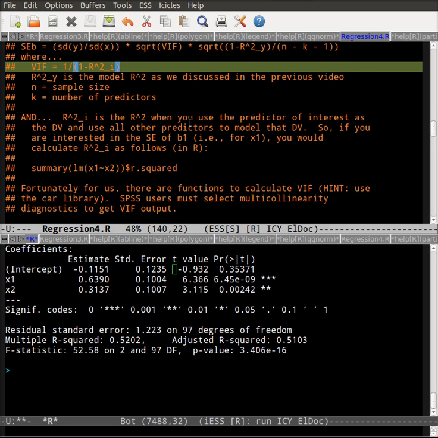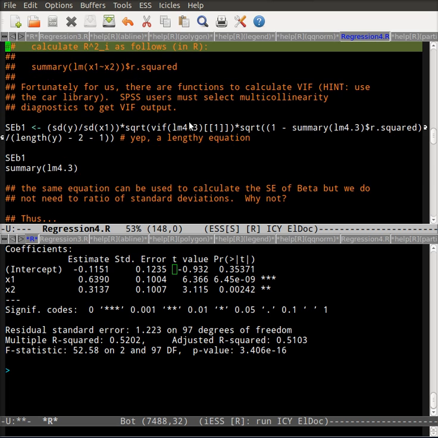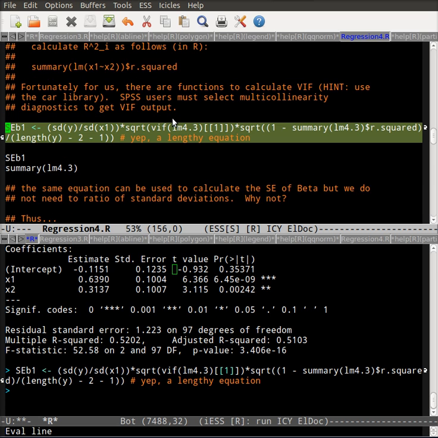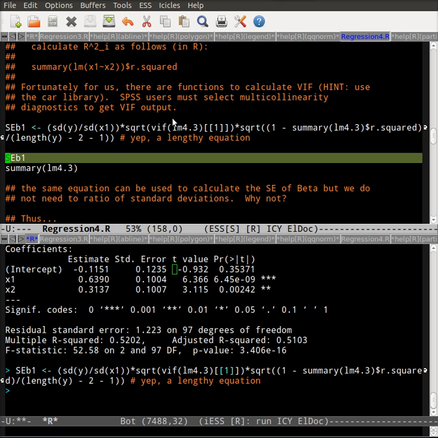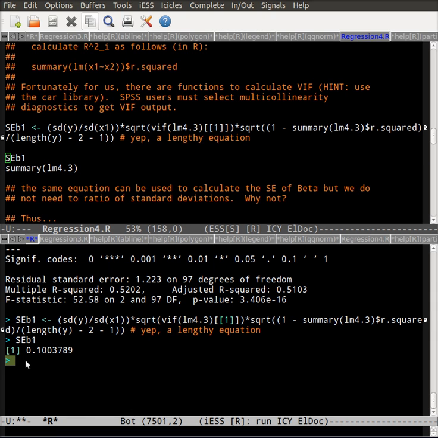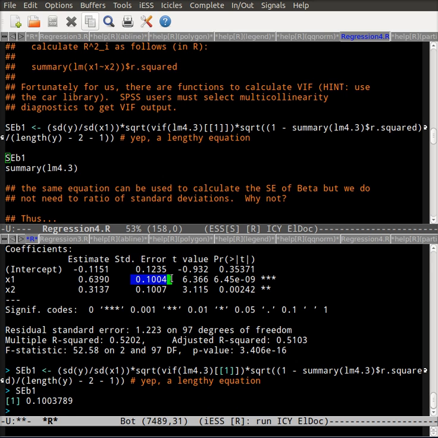Okay? Now, I just wrote a very quick way of calculating standard errors, and here you can see from my R code I calculate the standard error. This is just for B1 of x1, so it's 0.1004, and that's right here.